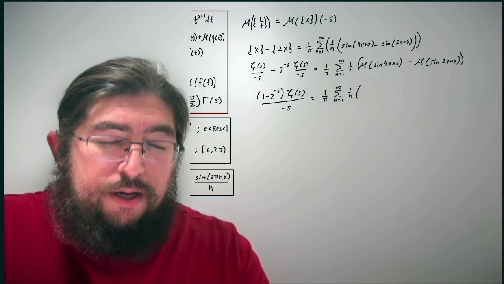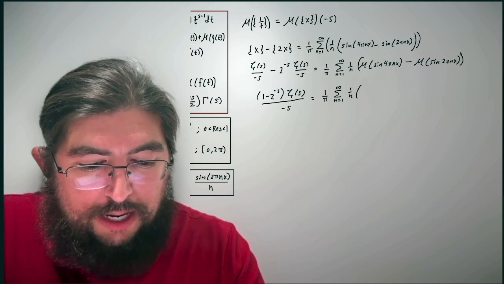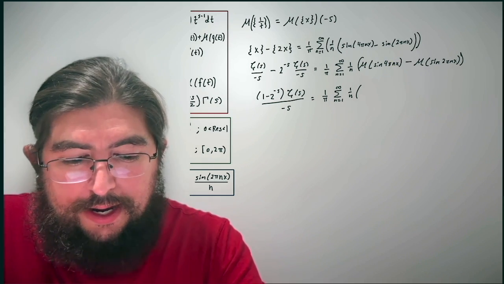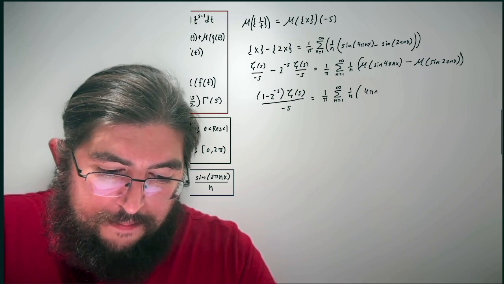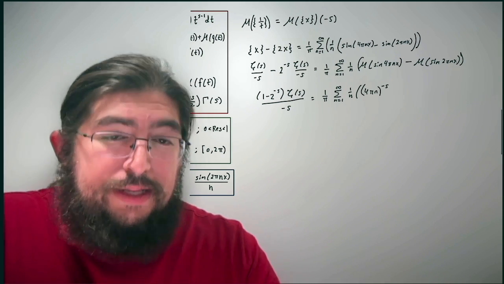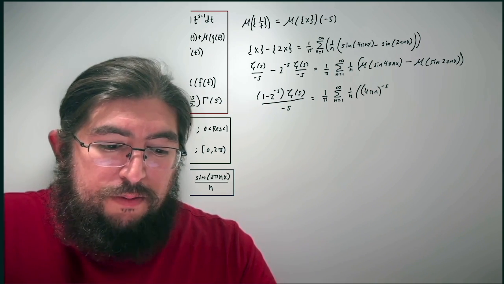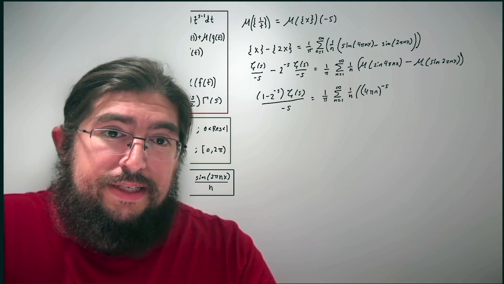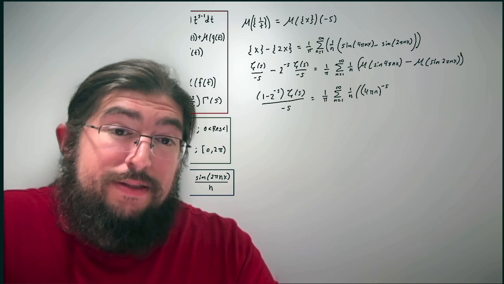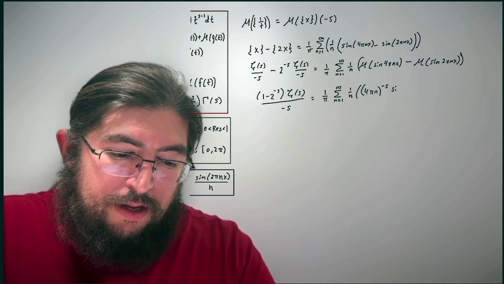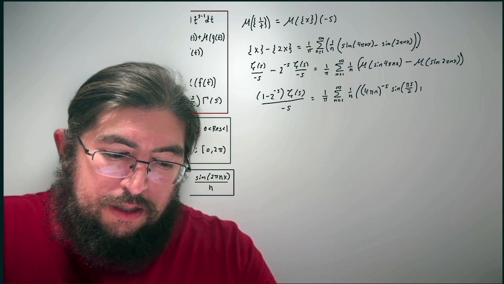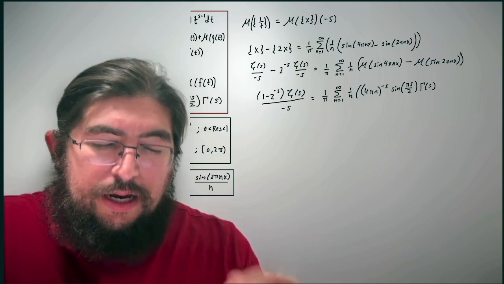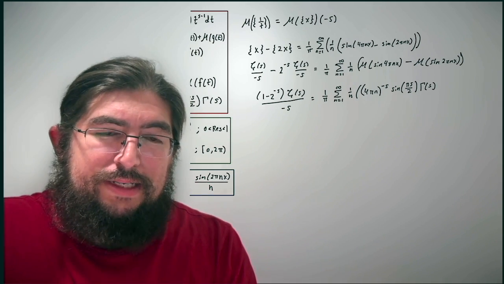Now for the first one, what is multiplied by x here is 4 pi n, so by that property we get 4 pi n to the negative s, times whatever the Mellin transform of sine of x is, which again is sine of pi s over 2 times gamma of s.